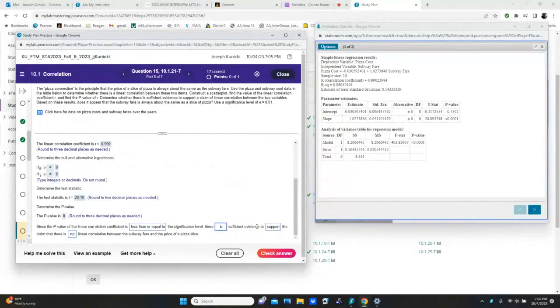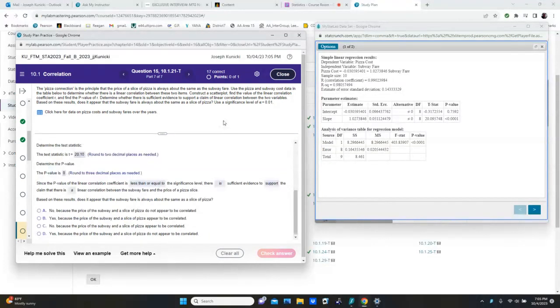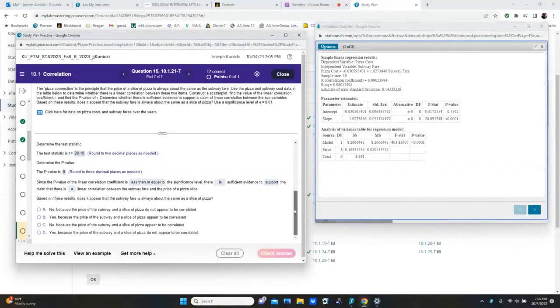Okay, so there is sufficient evidence to support the claim that there is. That's what I said the first time. I must have put one of those incorrect. So they're saying the claim now is in the alternative. We're supporting the claim that there is. Did they even make the claim? Let's see if they made the claim above. Okay, I didn't read it. The claim is that there is a linear correlation. So the claim is in the alternative. So that's what we're supporting because we're rejecting the null. Okay, sorry for the confusion.